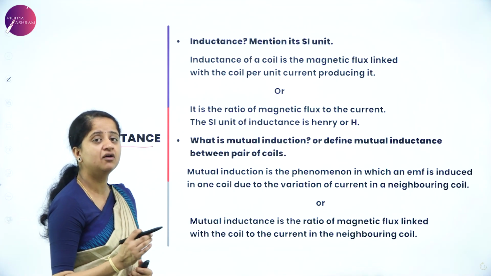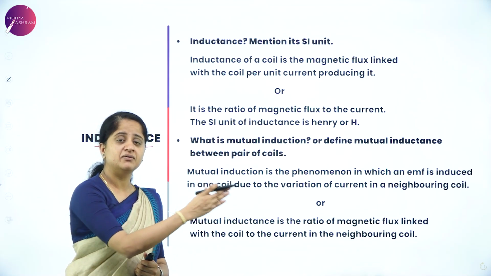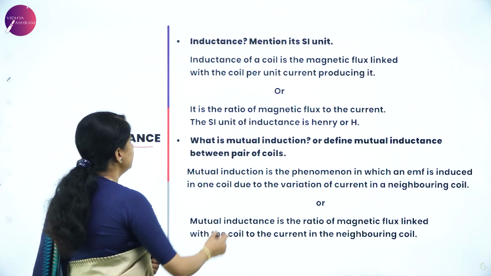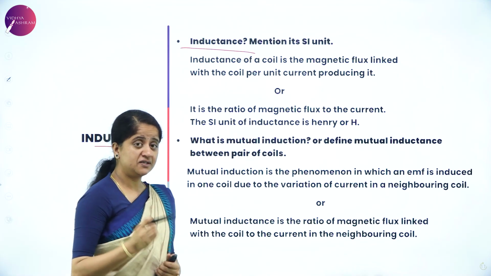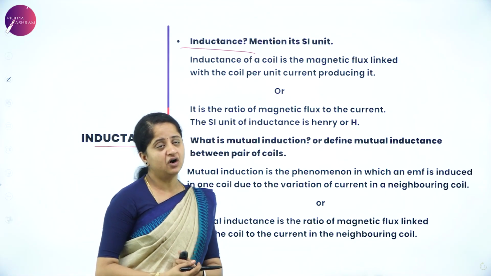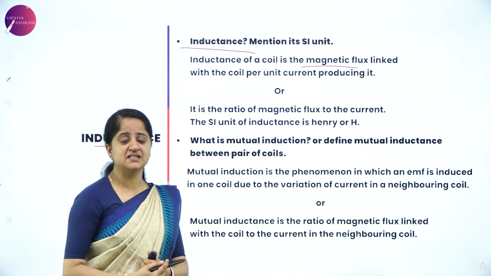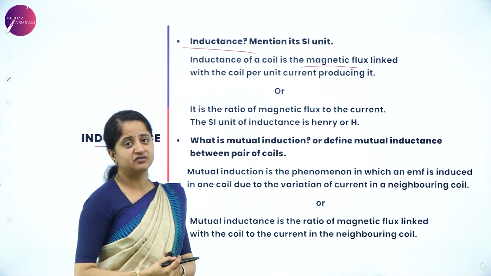What is the meaning of inductance? We know about capacitance, we know about resistance. Similarly, we have a term called inductance. What is its SI unit? The inductance of a coil is the magnetic flux. Magnetic flux means the number of magnetic field lines passing through a surface.